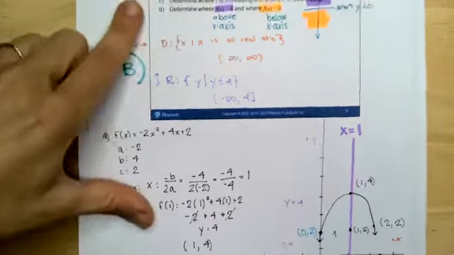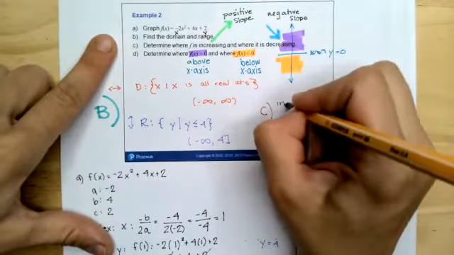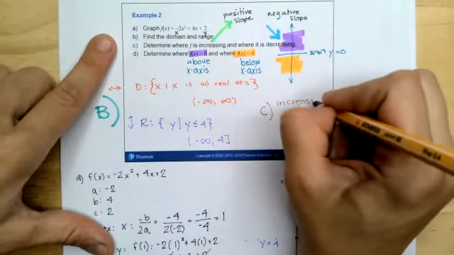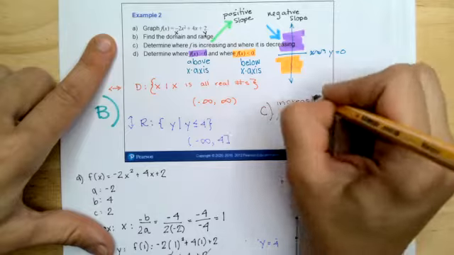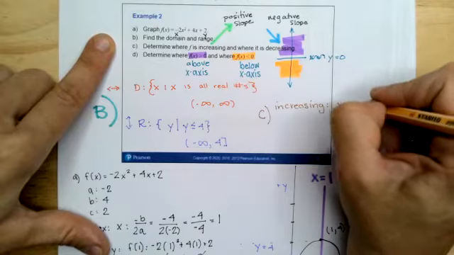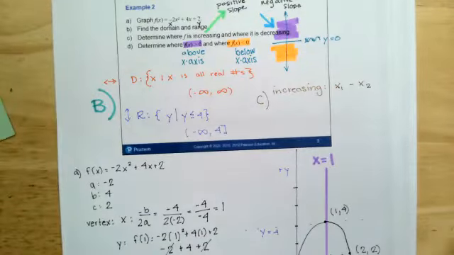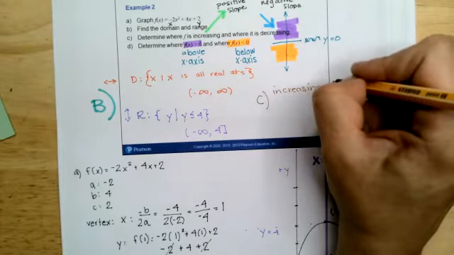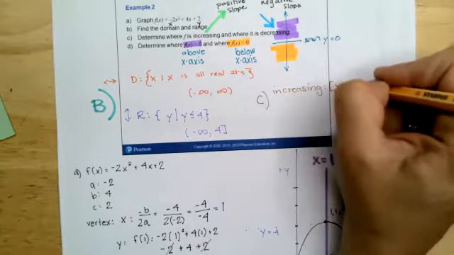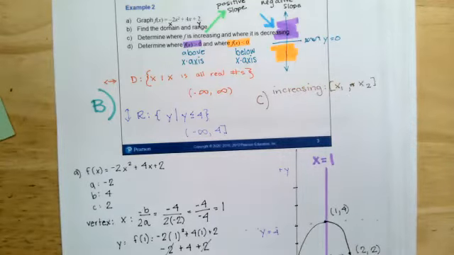When we're asking where it is increasing, we are putting it in terms of x. Remember we say from x sub 1 to x sub 2, for example. So where is it increasing?